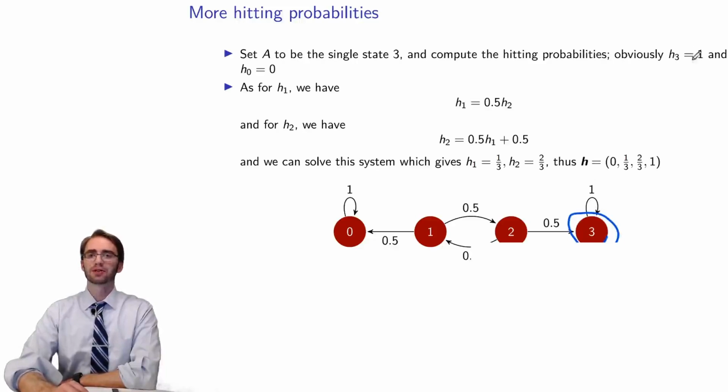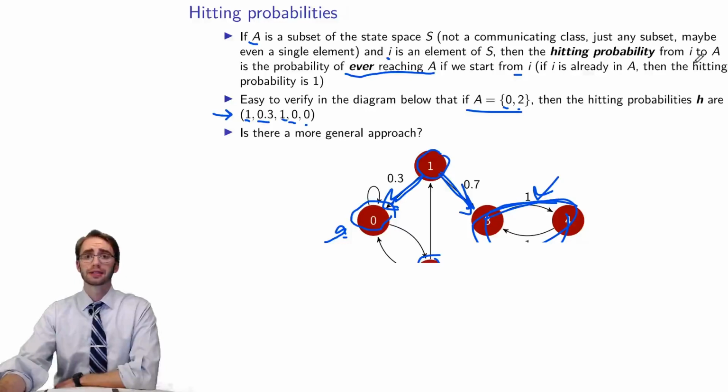And so what is true about this? So obviously h3 is equal to 1. Sorry, I should describe my notation here.